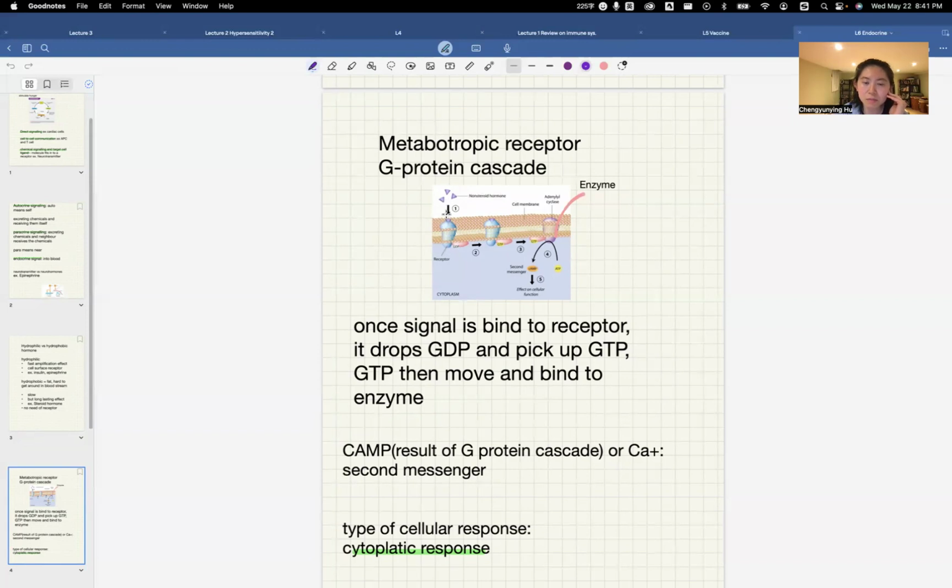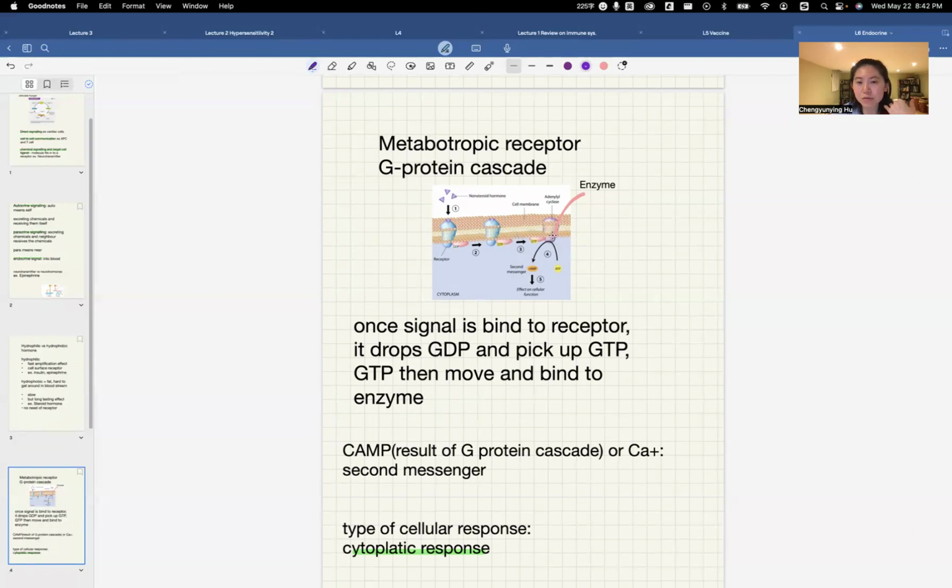With the hormone bound to the receptor, it signals the G protein to drop GDP and pick up GTP. Once it binds, GDP becomes GTP, and GTP leaves the G protein and binds to an enzyme.